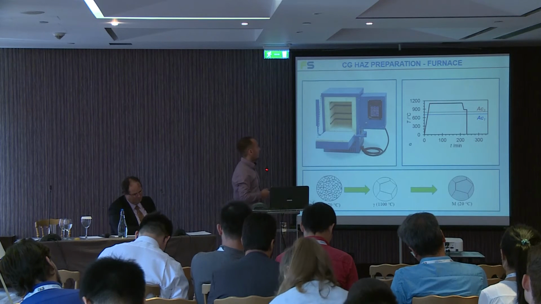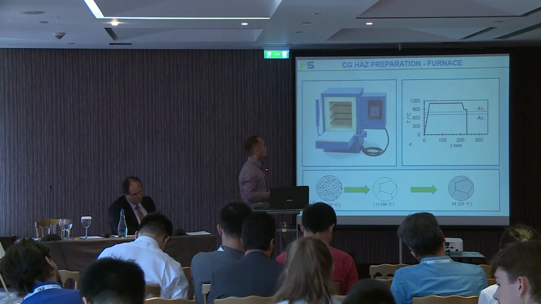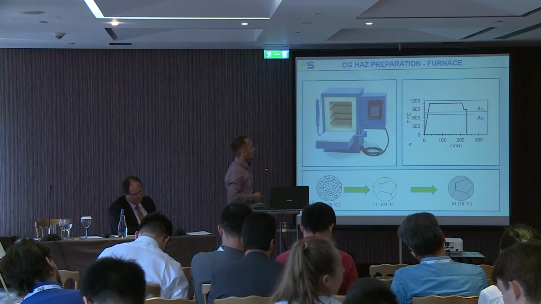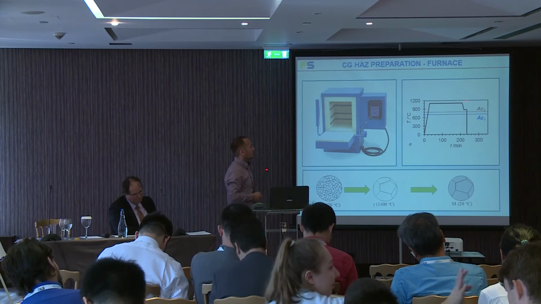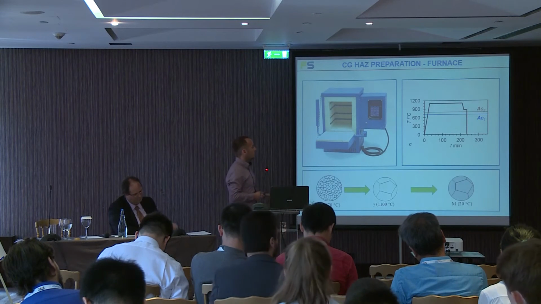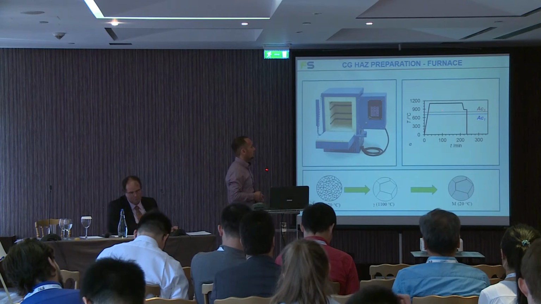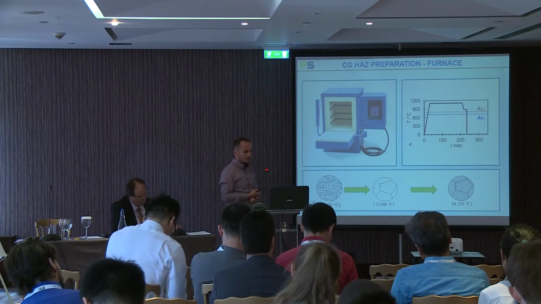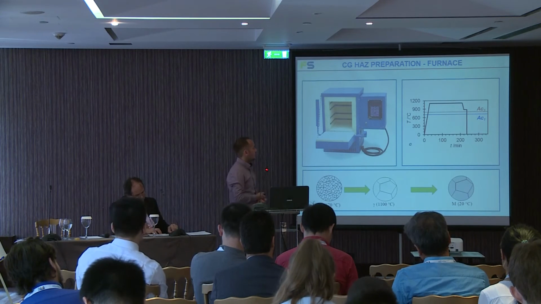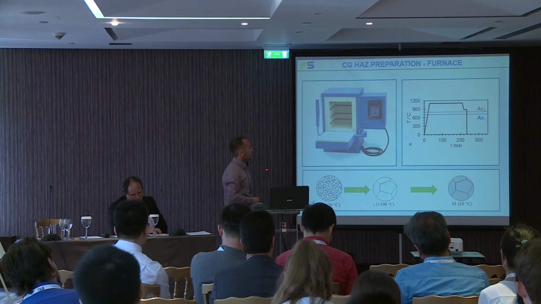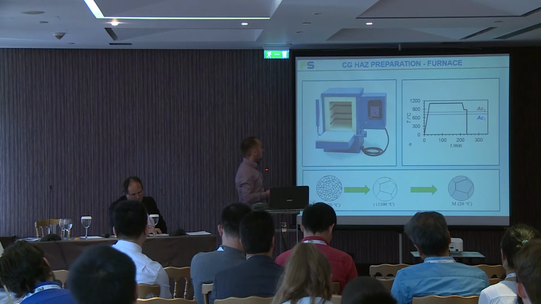Preheating till 1100 temperature, then coarse graining, and cooling in the furnace till the temperature reaches 870, and after that cooling by water quenching.